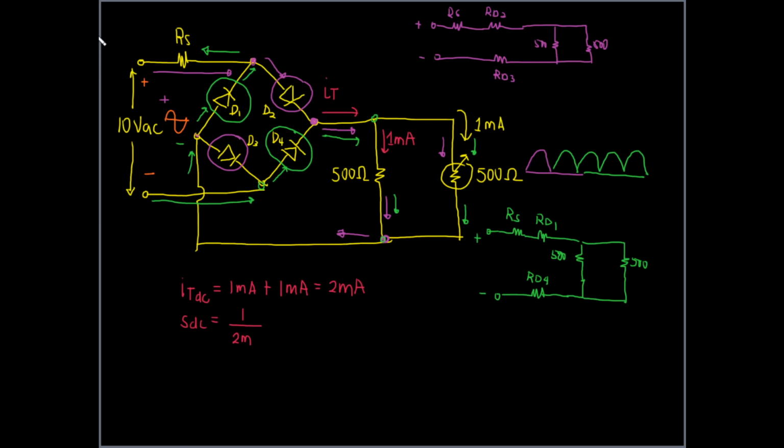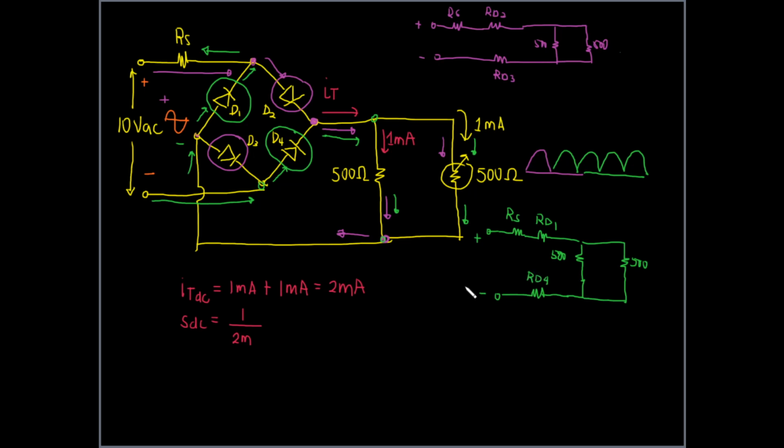So this implies two things. Number one is that whatever the alternation is, may it be positive or negative, take note that technically you have the same circuit. You have an RS in series with a forward biased resistance, in series with the two 500s in parallel, in series with another forward biased resistance, both for the positive and for the negative alternation.